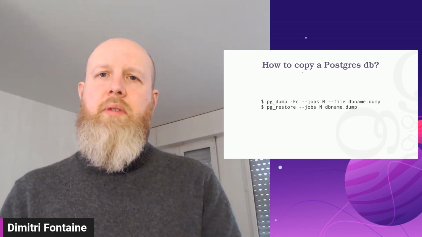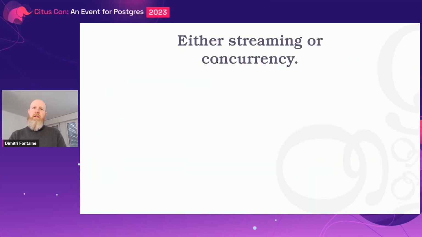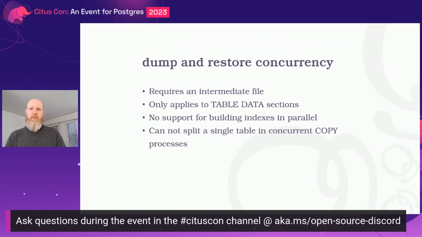So if you use dump and restore that way, you need to choose either streaming, and that was the slide with the pipe, or concurrency, which means it requires an intermediate file or an intermediate data directory. With pg_dump, you can use the directory format, but it's the same.